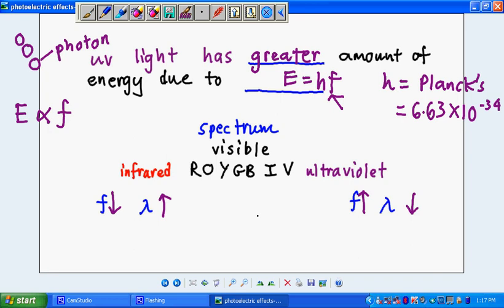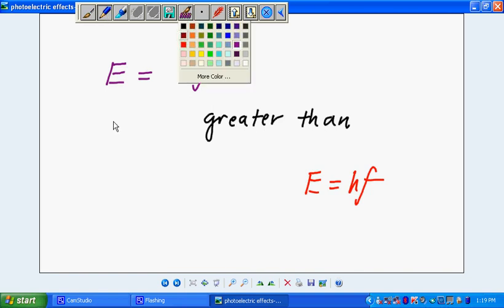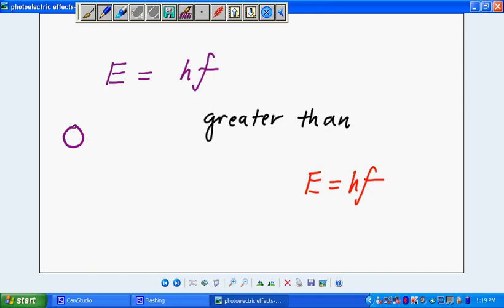Because of this, we can conclude that violet light has a greater amount of energy than red light. If you consider a violet photon, the amount of energy it carries is greater than the amount of energy a red photon will carry. Energy lesser.